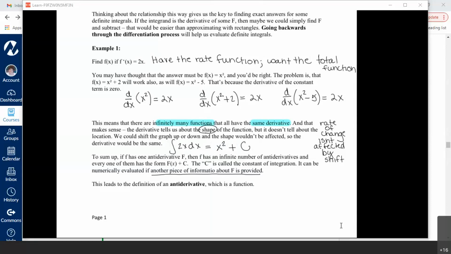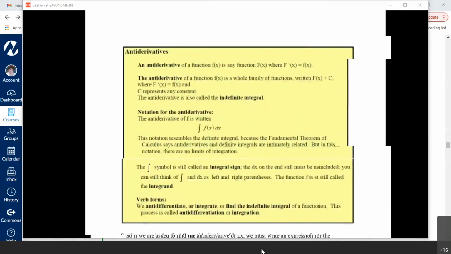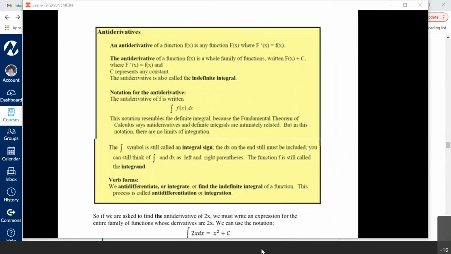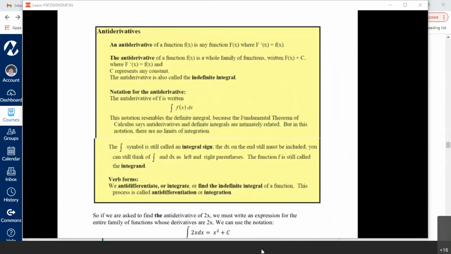All right, so you can see here an antiderivative is not giving us a number, it's giving us a function. And what's the relationship? Well, the derivative of this function will be the rate we started with. So let's look at the actual definition that's in your text. The antiderivative of a function is a function, first of all.